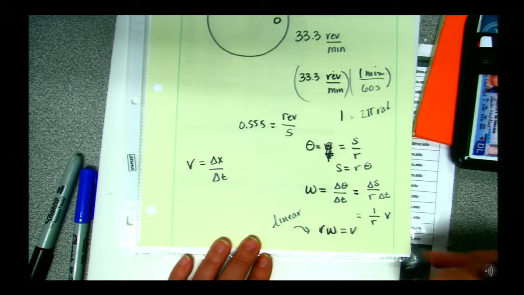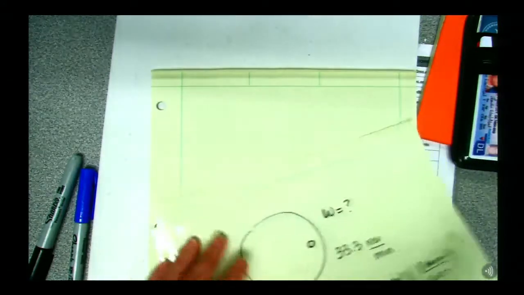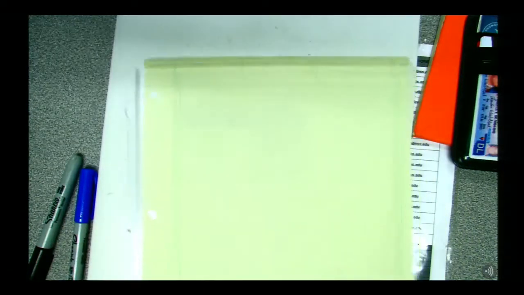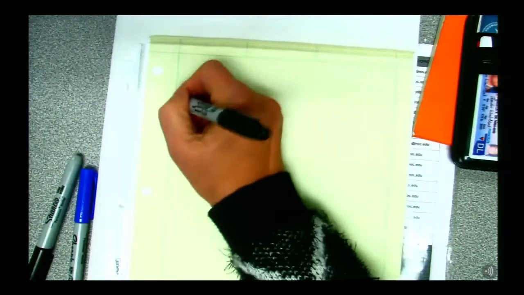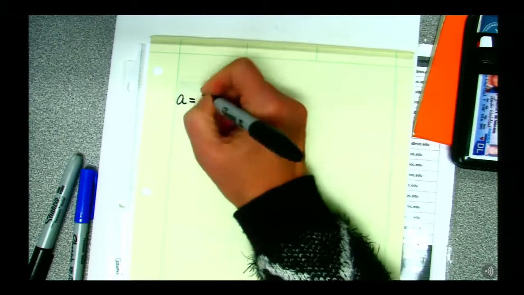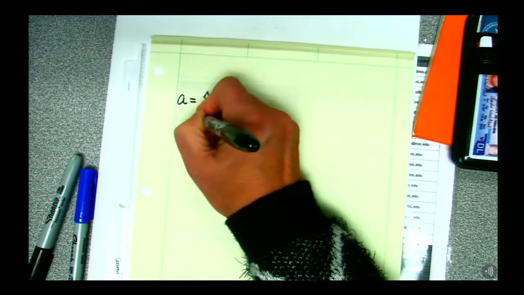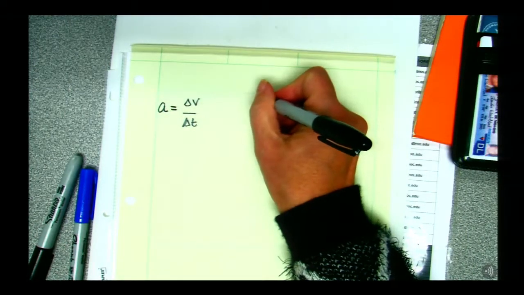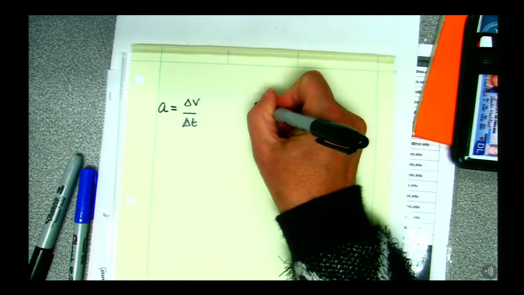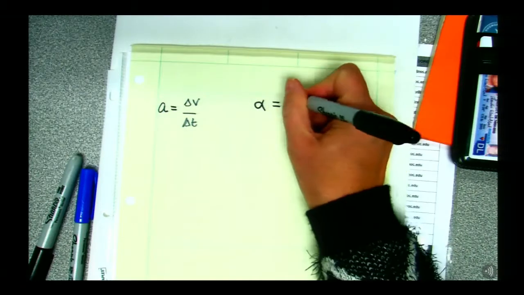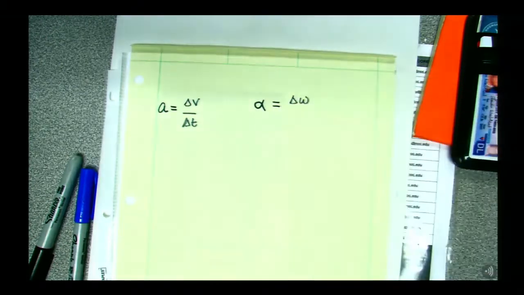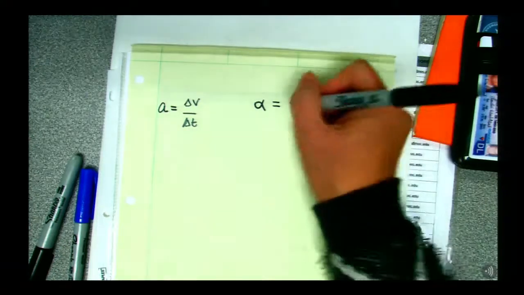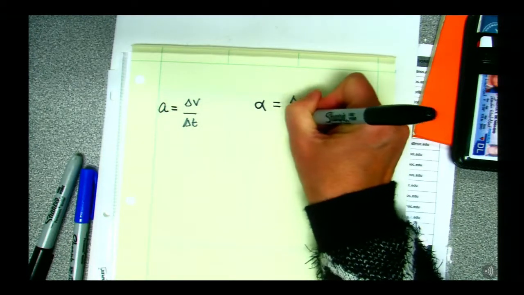One more step further. We know that acceleration in the linear sense is my change in velocity with respect to a change in time. Using the Greek symbol alpha, alpha is equal to the change in angular velocity with respect to time. That is my definition there.